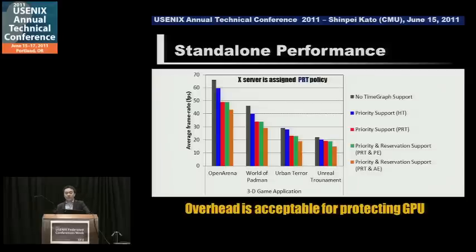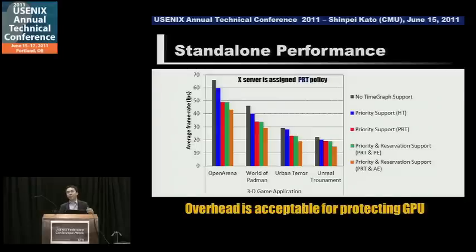So TimeGraph is quite beneficial, we believe, but overhead is inevitably imposed due to the scheduling process. In particular, the more functions are used by TimeGraph, such as reservations with predictions, the more overhead is imposed, as you can see by the orange graph, right?